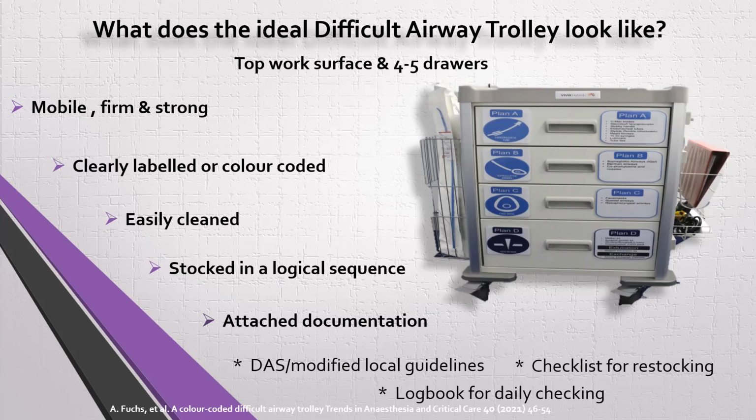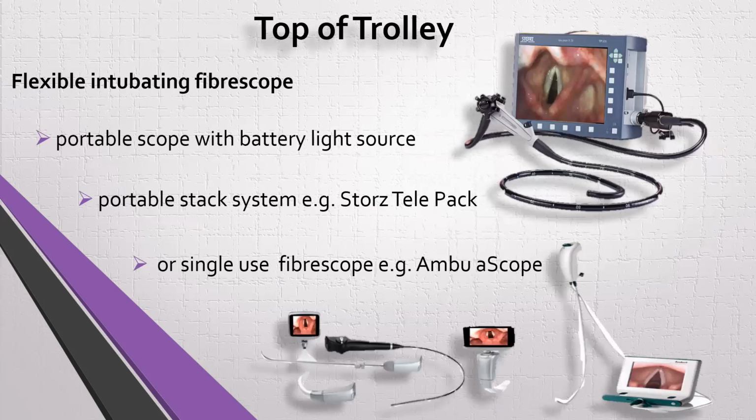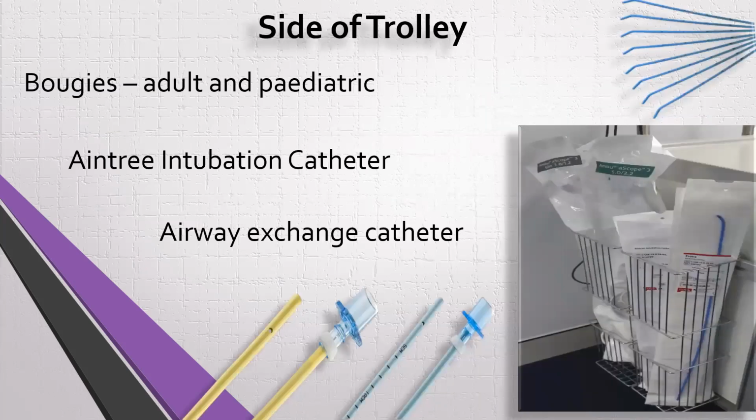So let's now see what should be in every drawer. The top of the trolley should contain a flexible intubating fibroscope, a portable scope with battery light source, a portable stack system, or a single-use fibroscope such as the Ambu scope.